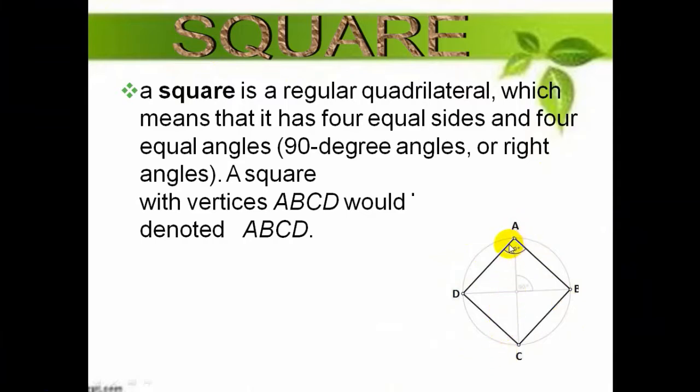So in this square, the length of all four sides AE, EC, DC and AD are equal. And similarly, this quadrilateral has four angles: angle A, angle E, angle D and angle C. The measurement of all these four angles are equal, which is 90-degree. So this is the square shape, 2D shape.